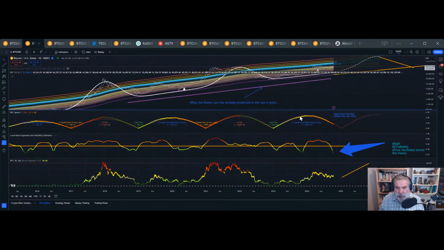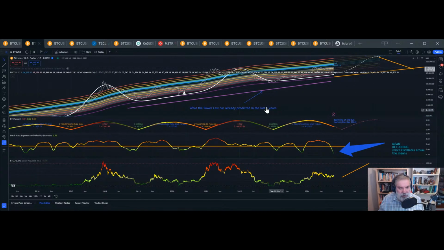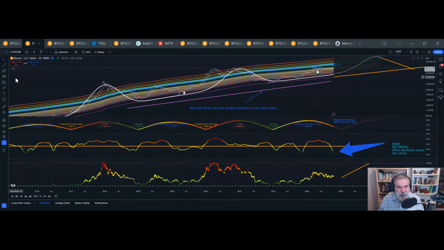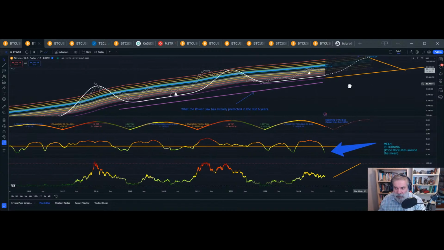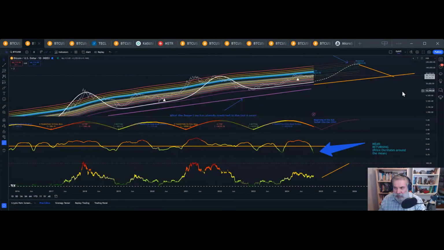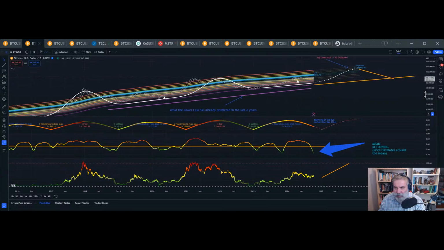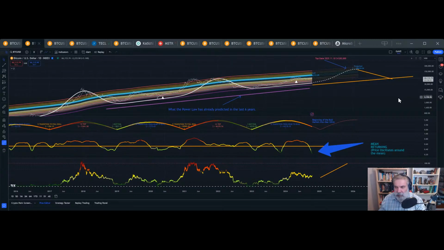It's different from other power law indicators that you may have seen before. There are different ways of doing the same thing, and sometimes it's good to see different ways because they give you slightly different information.